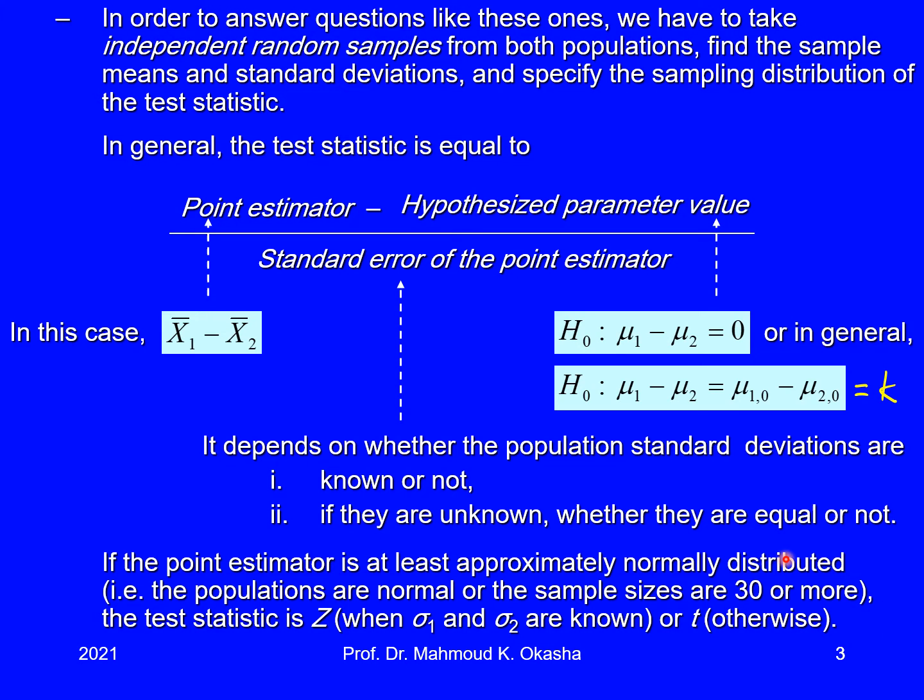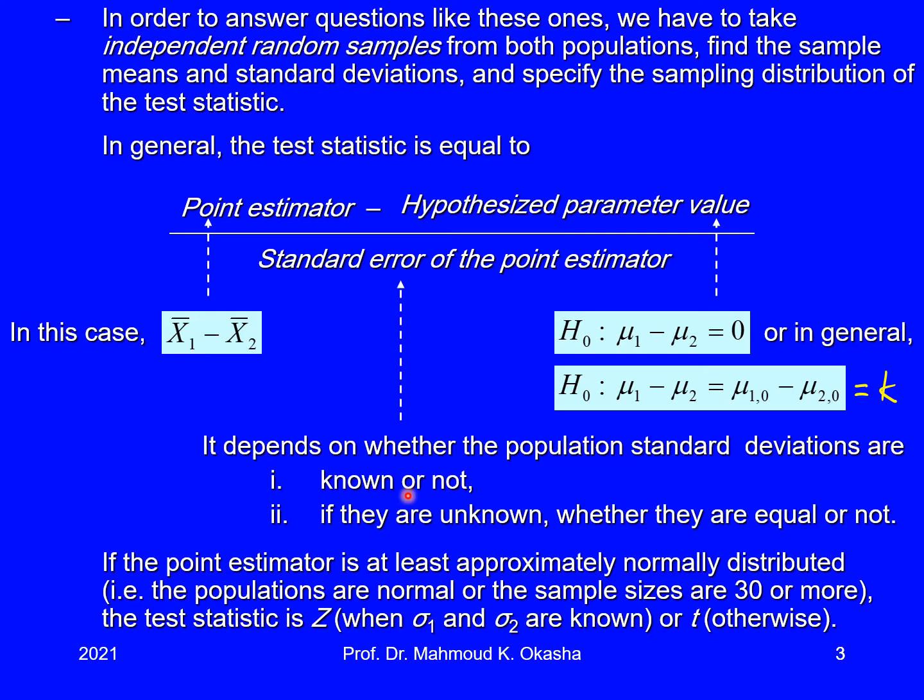So, without going into the details of the sampling distribution of x1 bar minus x2 bar, we go to Excel to calculate all the other things, like the standard error of x1 bar minus x2 bar, the p-value, and the test statistic, which can be z or t.